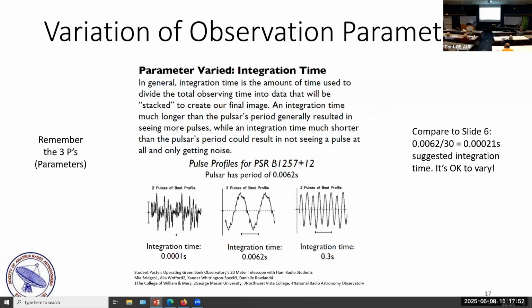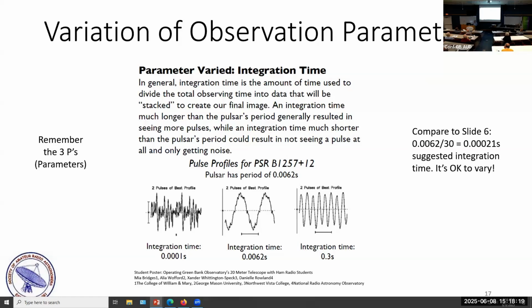When you have integration time, I've got a more official definition of that here, which you can read. But in simple terms, the way I thought of it, it's sort of a processing time for the data. That's why we need to know how to set the integration time for your pulsar.